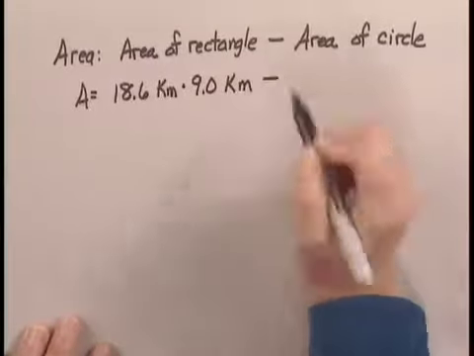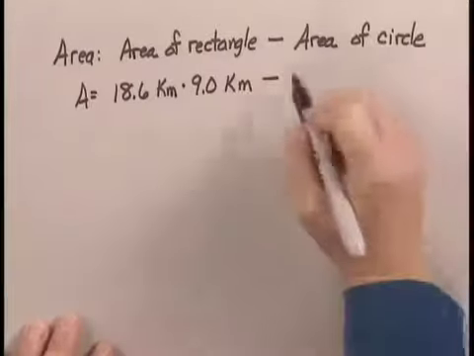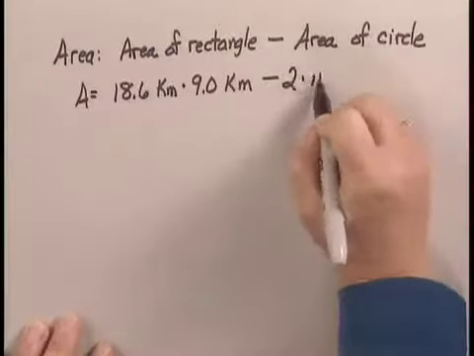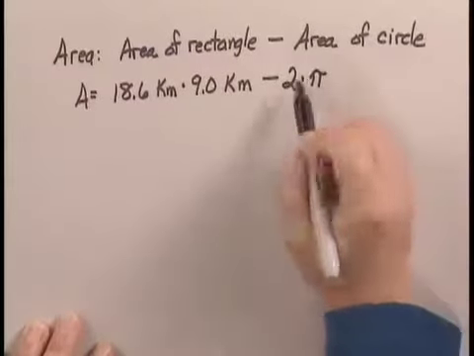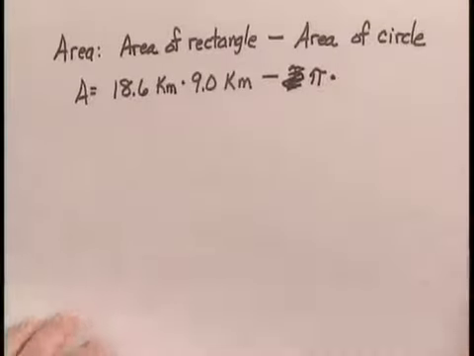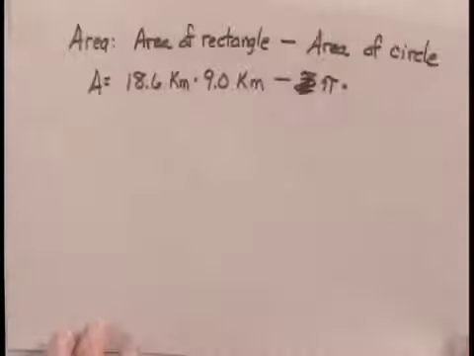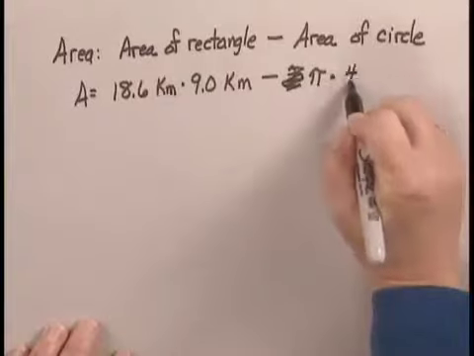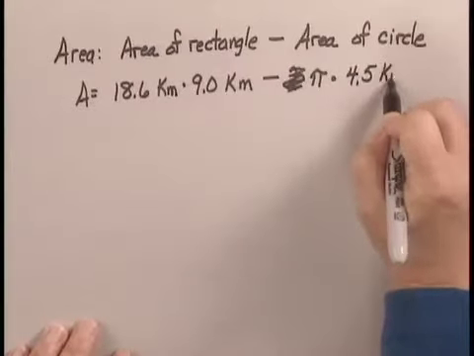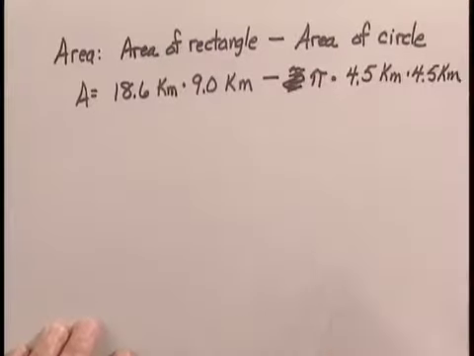I want to subtract the area of the circle. The area of a circle is pi times r times r. Again, we do not want to use the diameter. We want to use the radius, which is 4.5 kilometers. So I use 4.5 kilometers times 4.5 kilometers.